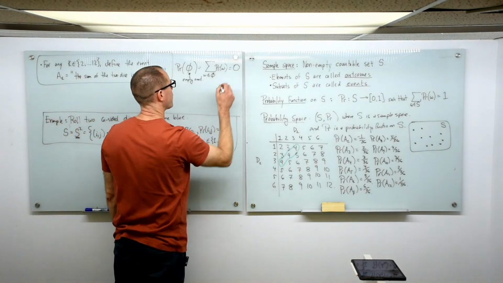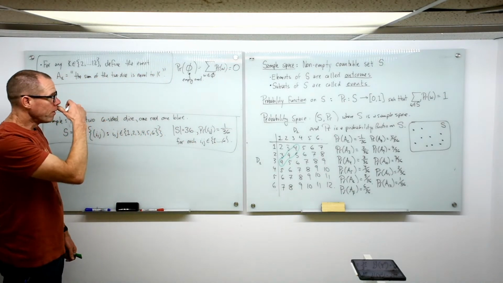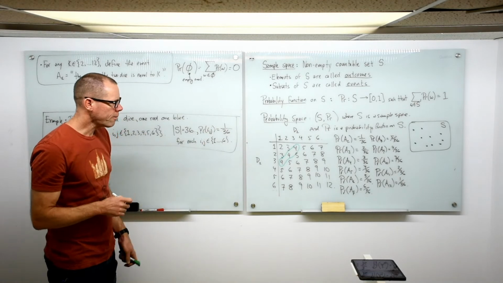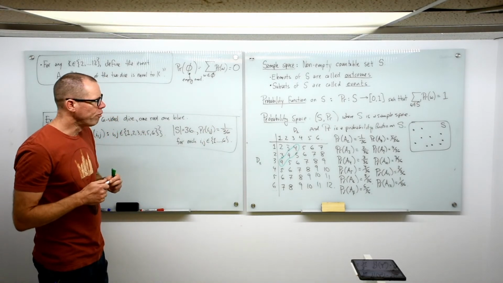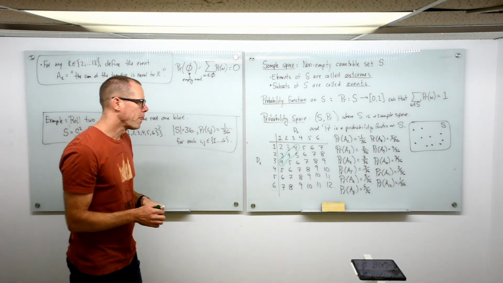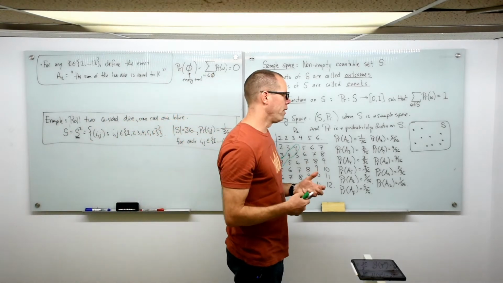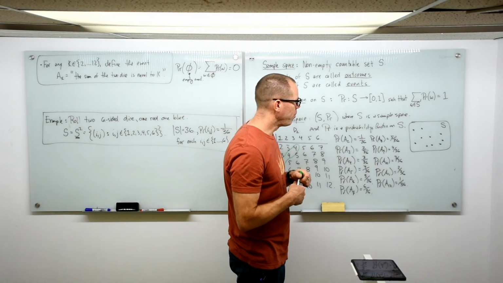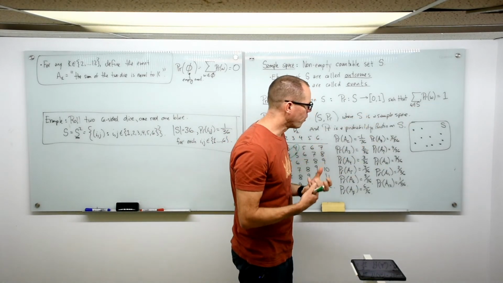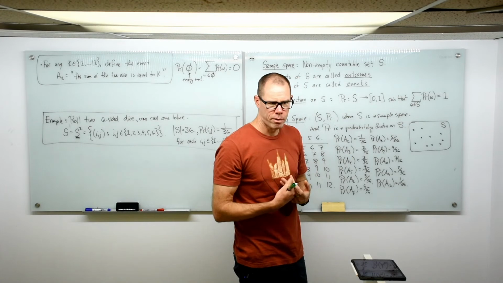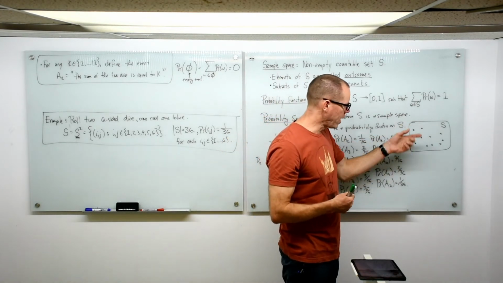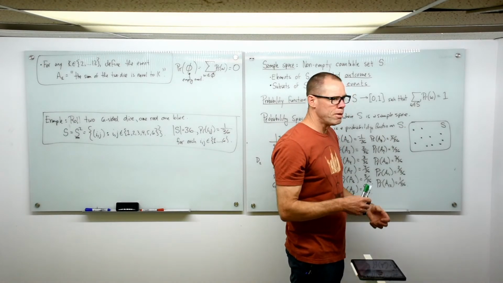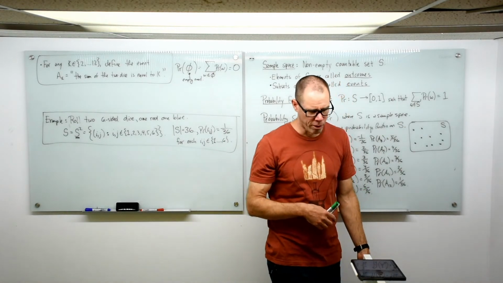So the probability of the empty event is 0, and a helpful way to think about that is if I run the experiment, because all the probabilities add to 1, something has to happen. Right? Some element has to come out as an outcome of this experiment. And so the probability that nothing happens is 0.